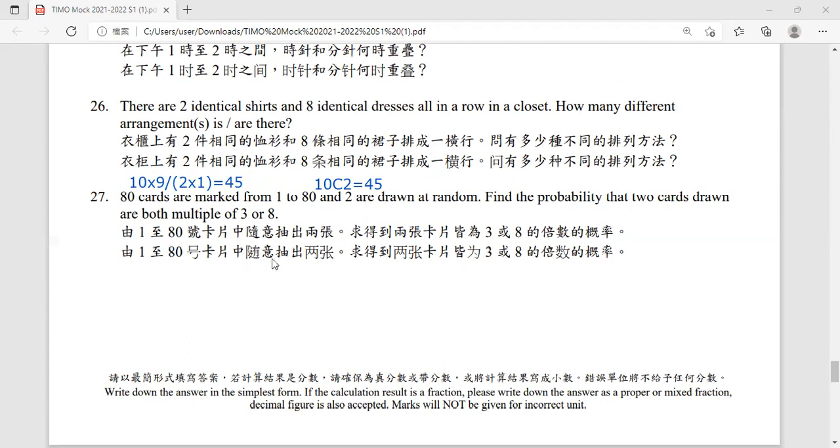Okay. Now for 27. You have to consider how many cards are in the series, because there are cards that are multiples of 3 or 8.